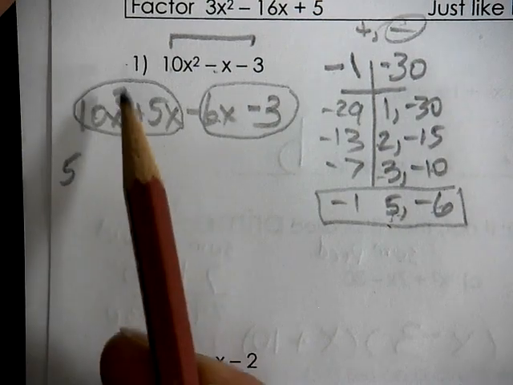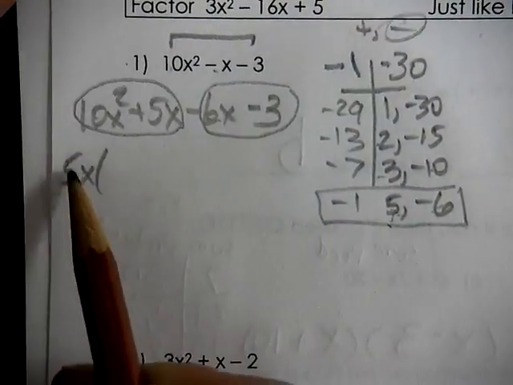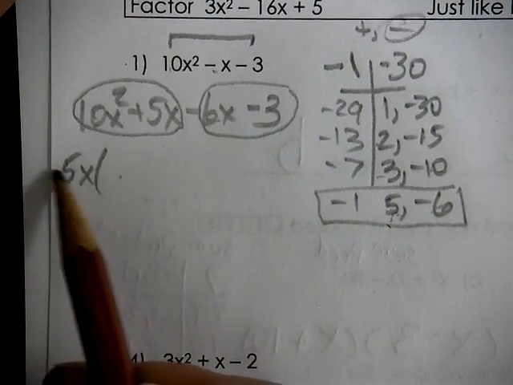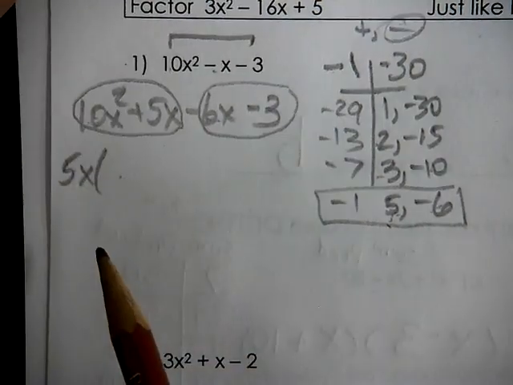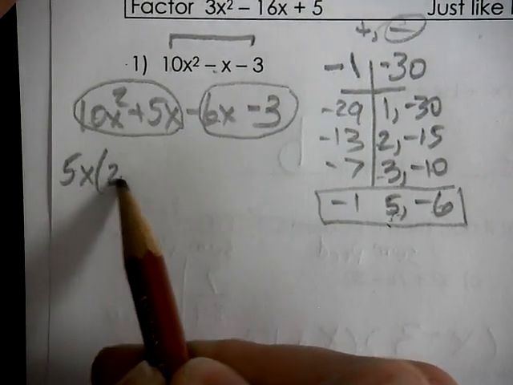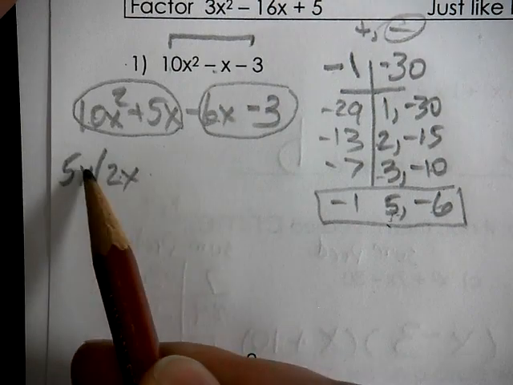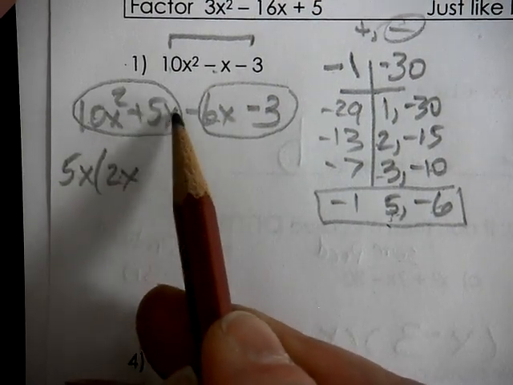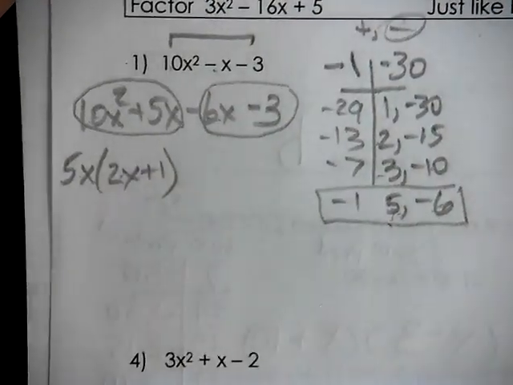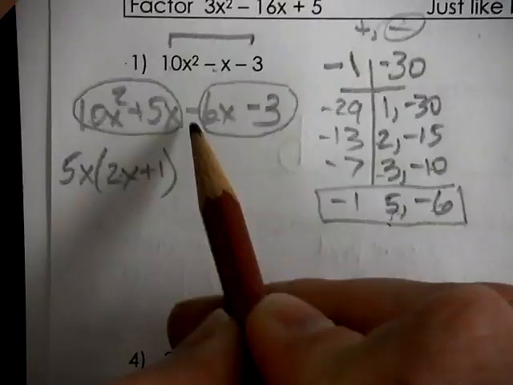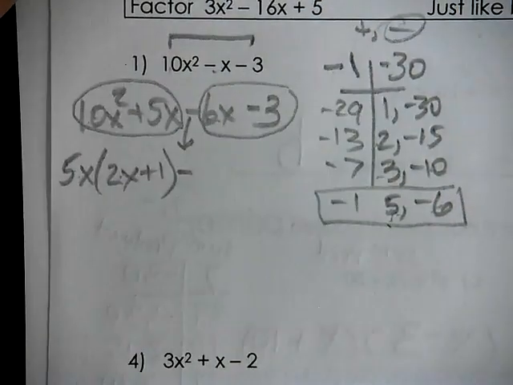Because they both have x's in them, I can factor out a 5x. 5x times what makes 10x squared? 2x. 5x times what makes a positive 5x? It's got to be a positive 1. Bring down this exact sign. Bring down the negative.